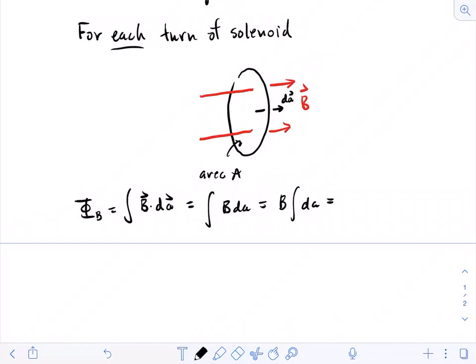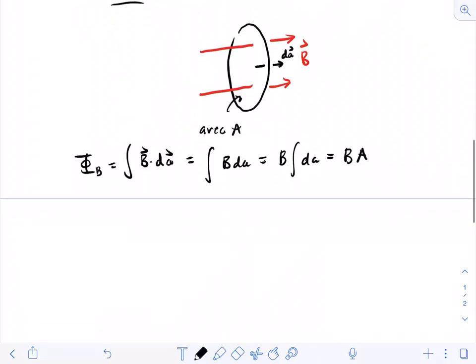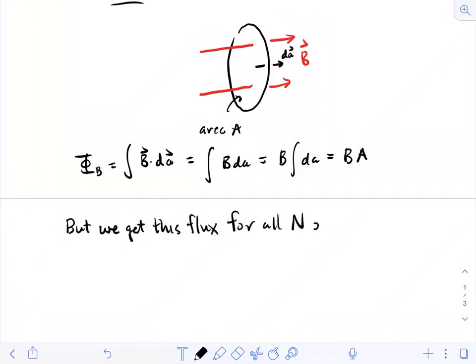We take it outside, and we get B times A. But we get this flux for all N of the turns of wire. So the above calculation is just for a single turn of the wire.